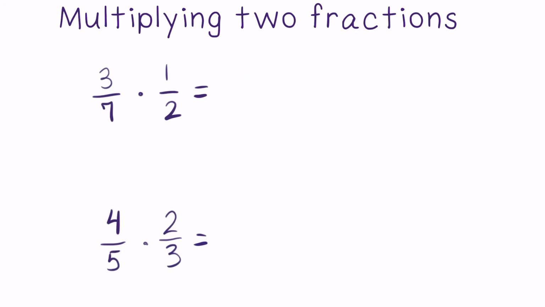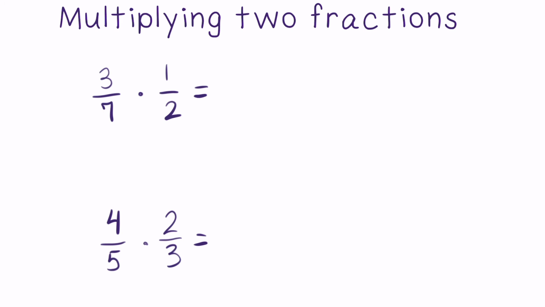Now that we understand the concept of what we're doing when we multiply two fractions, and we can accurately visualize that and discuss it, let's take a moment to practice the shortcut strategy of multiplying the denominators and multiplying the numerators in order to get the answer when you're multiplying two fractions.